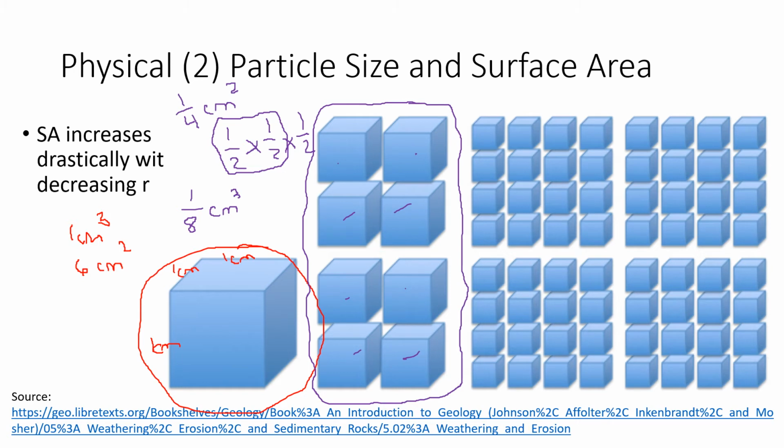We got another 6 here. 6, 6. That's 24. And then another 24 here, so 48. So I'm going to multiply this by 48 faces. And what do you get? You get 12 square centimeters.